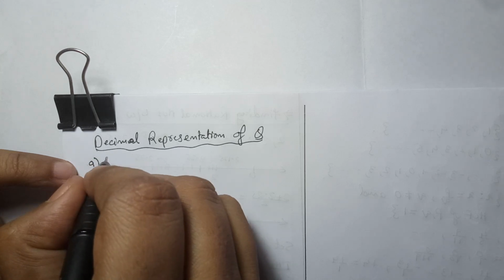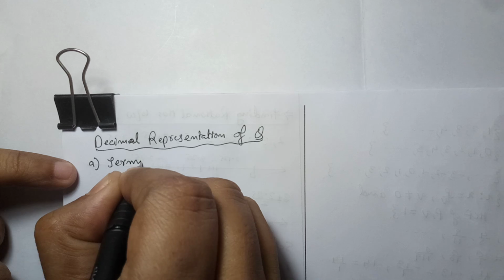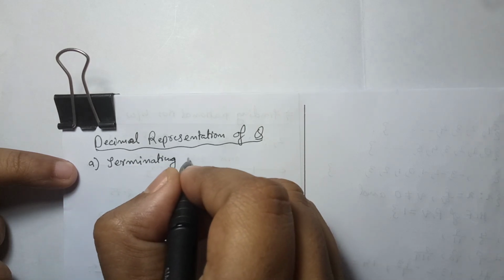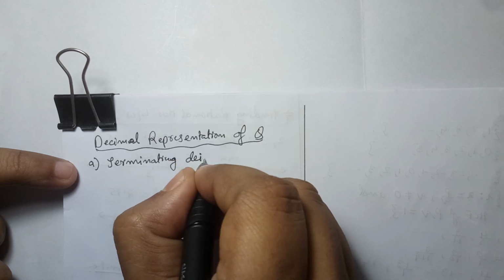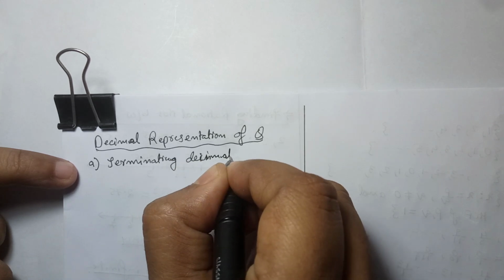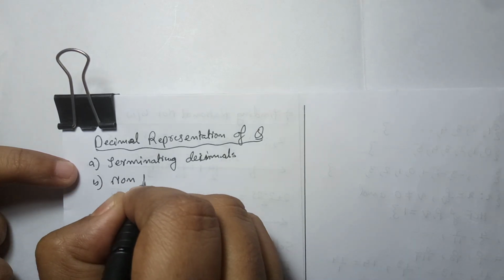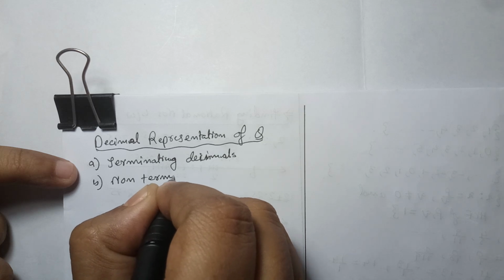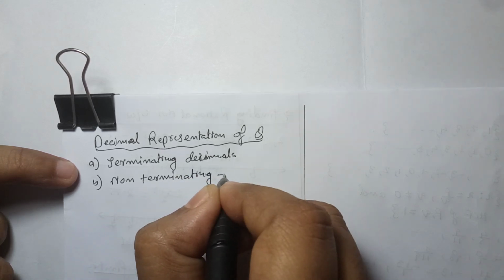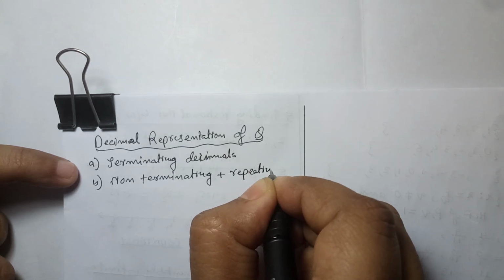One is terminating decimal, and the other is non-terminating, that is repeating or recurring decimal.